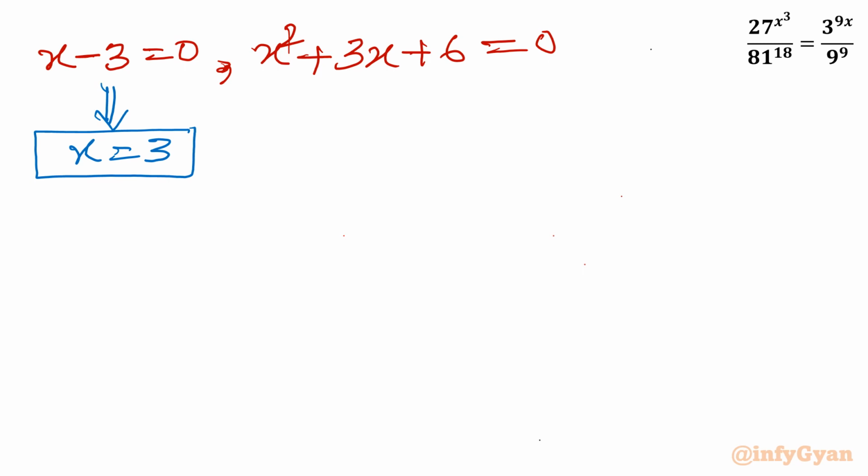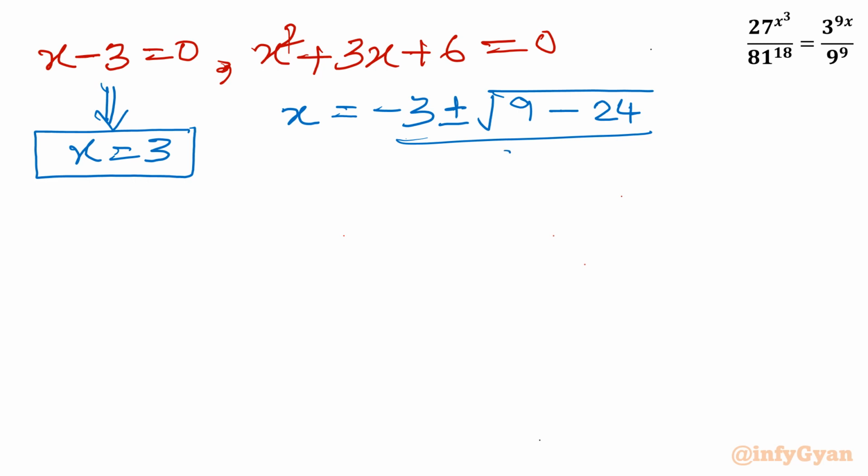Let's solve this quadratic equation. I can write x is equal to minus b, so minus 3 plus minus under the root, b square is 9 minus 4ac, so 24, divided by 2a, so 2. So this is generating complex solution. It is coming out square root of negative number divided by 2.